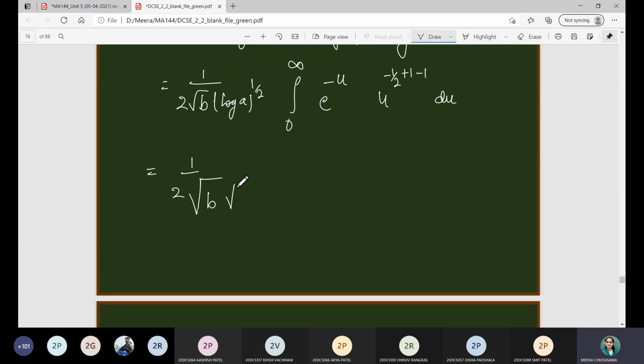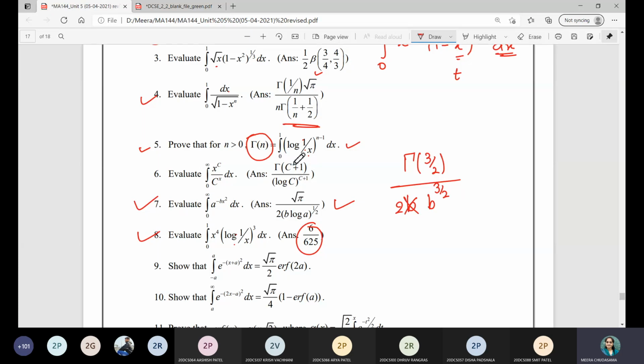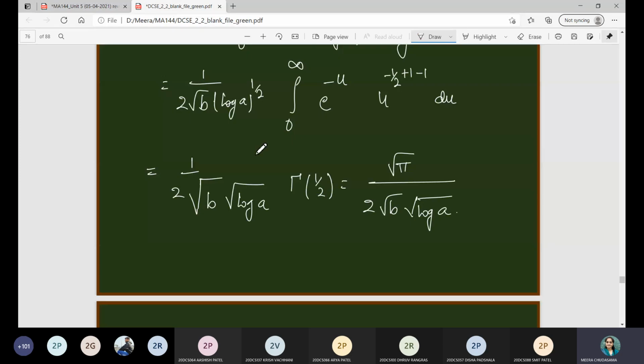Square root of b, square root of log a, and this is gamma 1 by 2, and we know that gamma 1 by 2 is square root of pi. So that is the answer: root pi upon 2 root b, log a raised to 1 by 2.